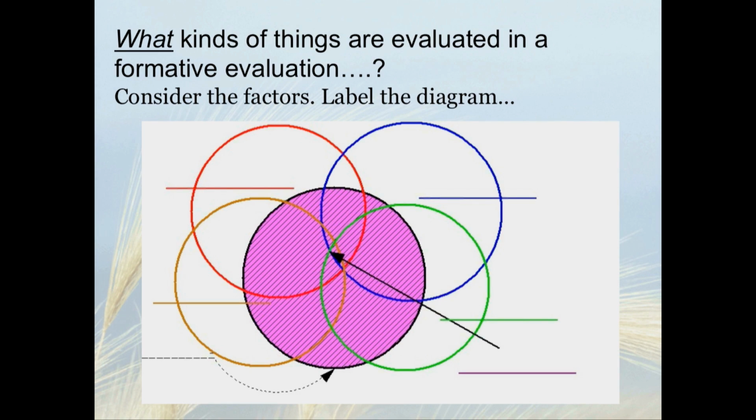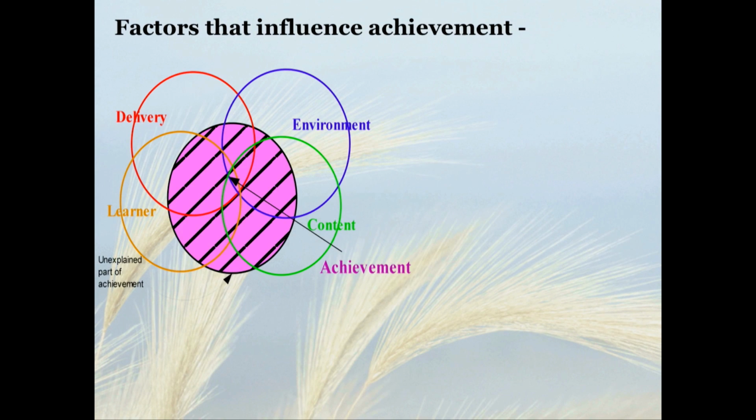There are some things in the course that should come to memory right away when you see the diagram or wonder what you're supposed to be evaluating. What you're after is that middle part, which is achievement, and the factors that influence achievement.